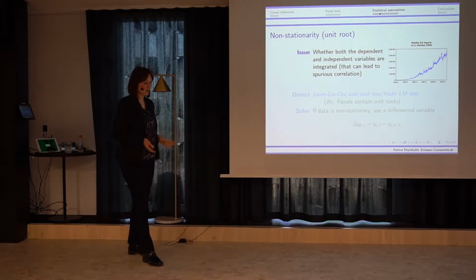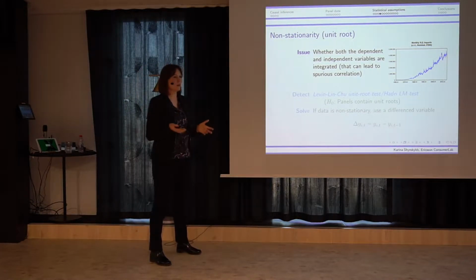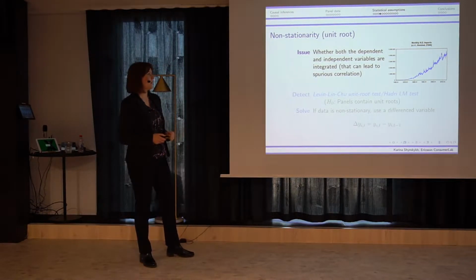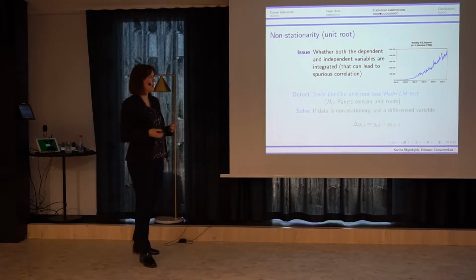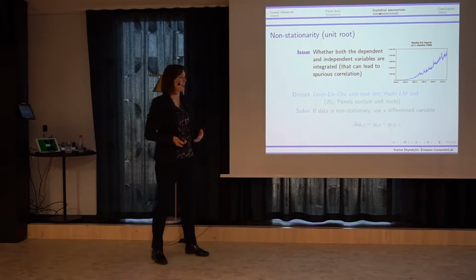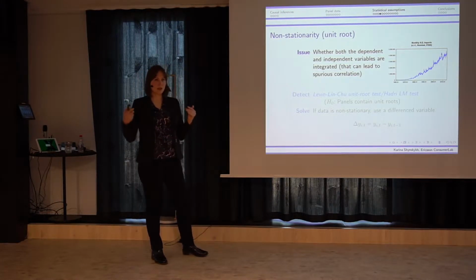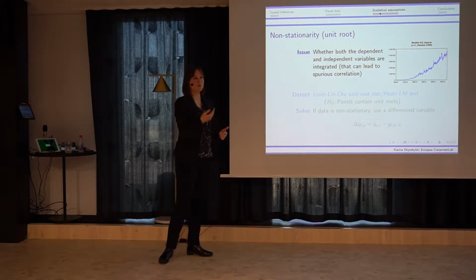Yes, then you can also have the issue of non-stationarity, and we have heard a little bit today about spurious correlation. So that is where it's all coming from. When both the outcome variable and the treatment variable have some trend in the data by themselves, it can lead to the problem of spurious correlation.